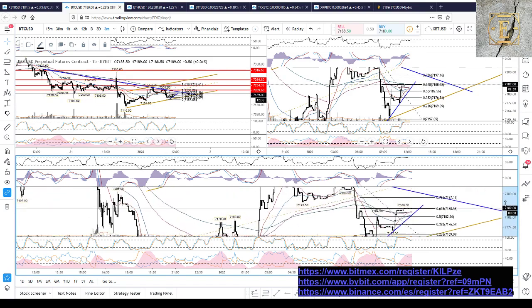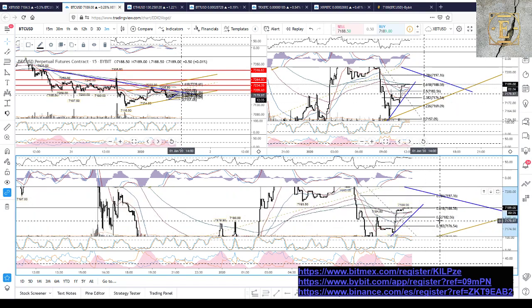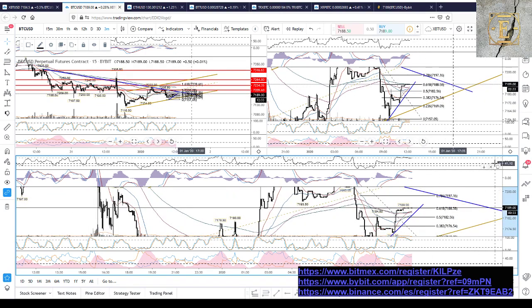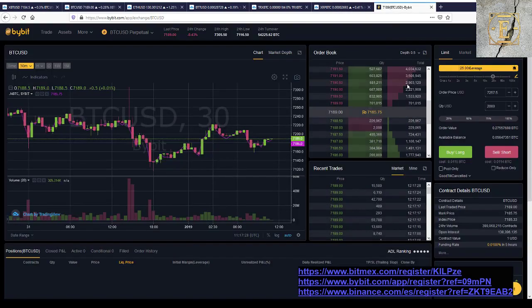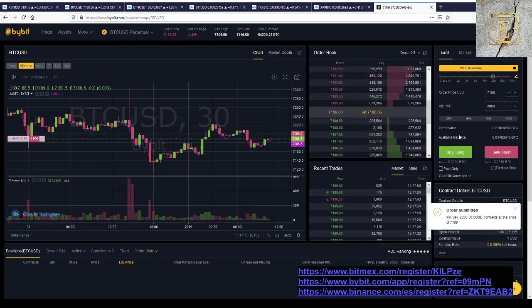I think it's enough, so let's try to enter here at 1.29, 25 leverage and 2000. Okay, that is the start, the short position.